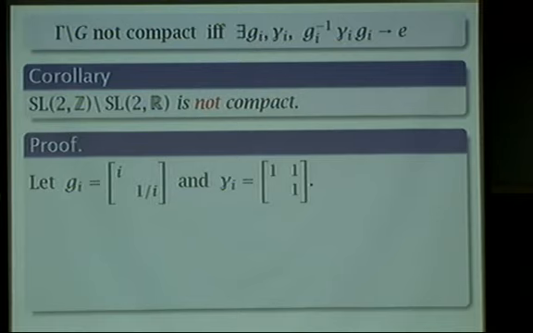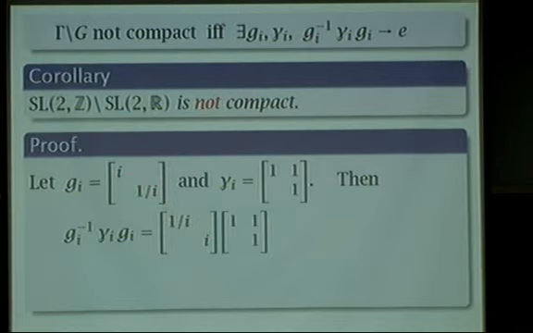And then we just have to do a calculation. I want to calculate g inverse gamma g. So let's just write that down. Here's g. The inverse of this matrix will just switch the 1 over i with the i. It'll have a 1 over i there and an i there. That's g inverse. If you multiply these two matrices, it's an exercise to see that multiplying those gives the identity.